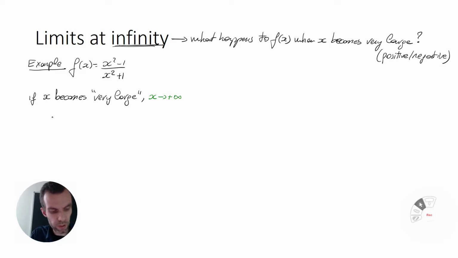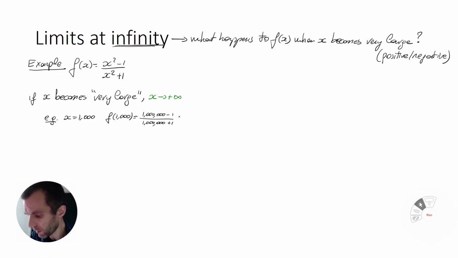So we can plug in some numbers. So for instance, if you set x equal to 1000, then f of 1000 becomes 1 million minus 1 divided by 1 million plus 1. And if you calculate that with your calculator, that's approximately 1.